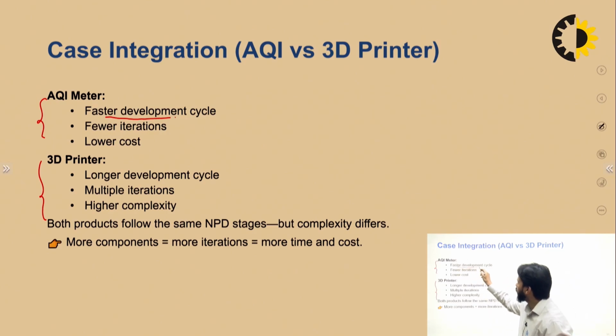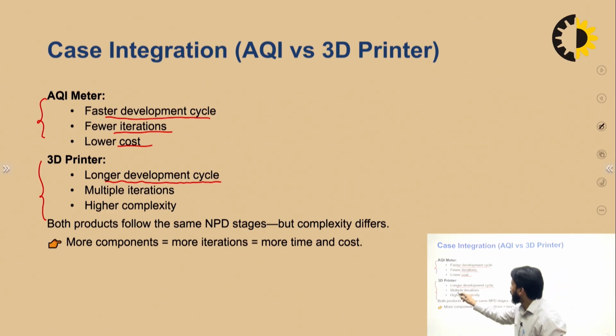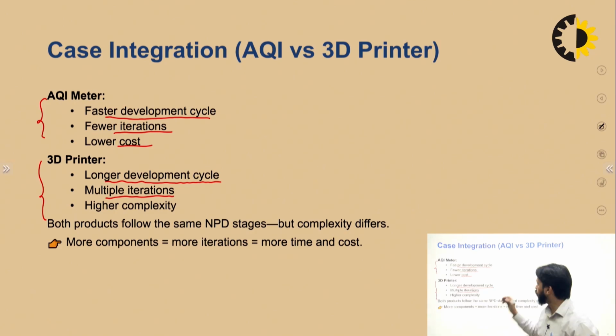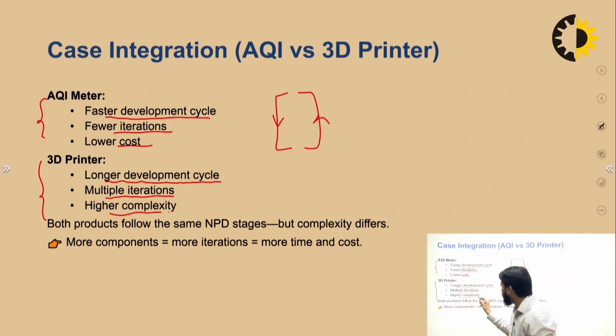The AQI meter could have a faster development cycle, fewer iterations and lower cost, whereas the 3D printer, a mechanical or mechatronics device, has a longer development cycle because of so many moving parts. Multiple iterations are required to fine tune that final product. You have to go again from design to testing, and do these iterations many times because the complexity is higher.